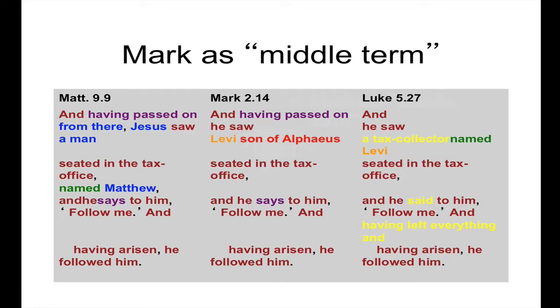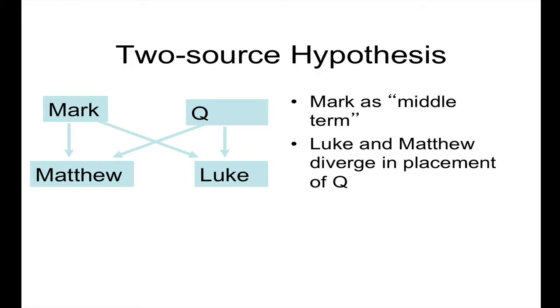Mark seems to be the middle term. That makes sense if Matthew and Luke have used Mark. After all, Matthew's using Mark and he makes a little change here and there. Luke's using Mark and he makes a little change here and there. You'd expect Matthew and Luke to look like Mark, but not to look like each other.